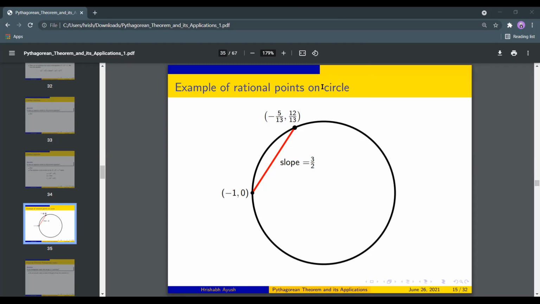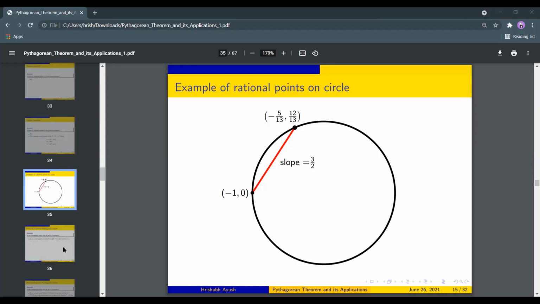Is anyone else done? Is the slope coming out to be 3 by 2 or something different? Okay, yeah, 3 by 2. It's correct, so that means this is correct. Okay, let's move to the next slide.